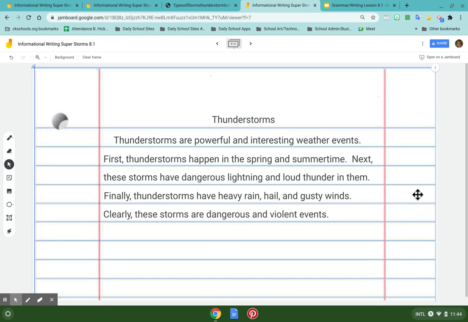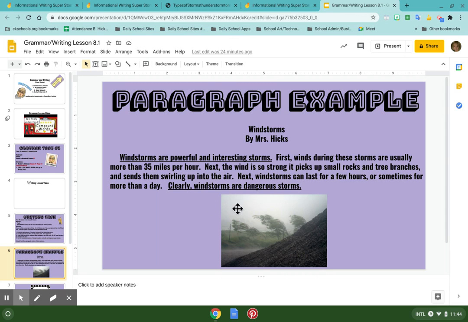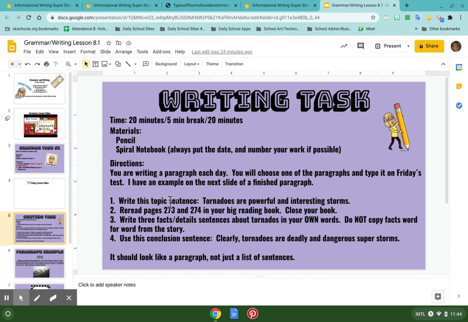Now, this is what you're doing today, all right? On your task, what I want you to do is write this topic sentence. Tornadoes are powerful and interesting storms. I'm giving you the topic right now. Then I want you to reread page 273 and 274 in your big reading book and close your book. Then draw a mind map, all right?